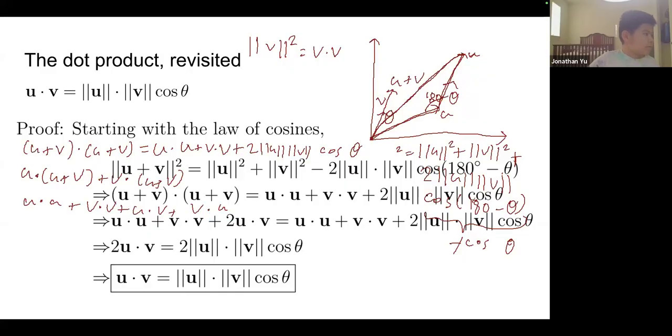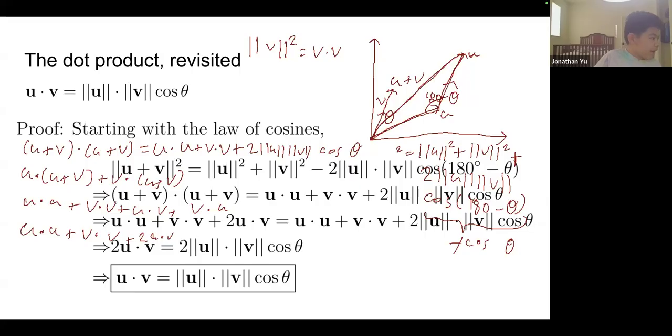And we know u dot v equals v dot u from last class, so this is equal to u dot u plus v dot v plus 2u dot v. It's really similar to expansion in real numbers. So this equals u dot u plus v dot v plus 2 magnitude u magnitude v cosine of theta.